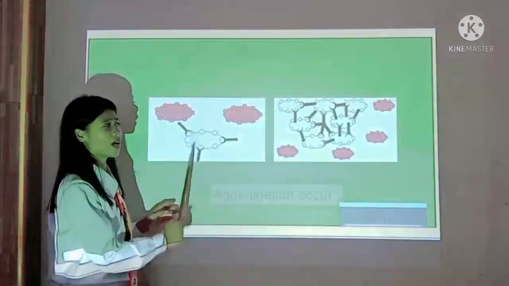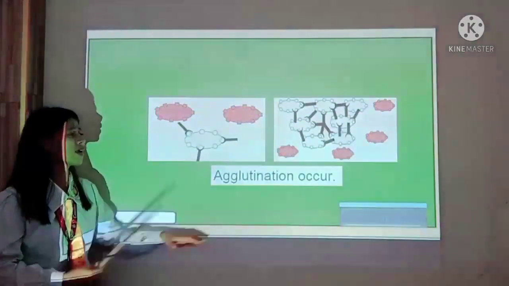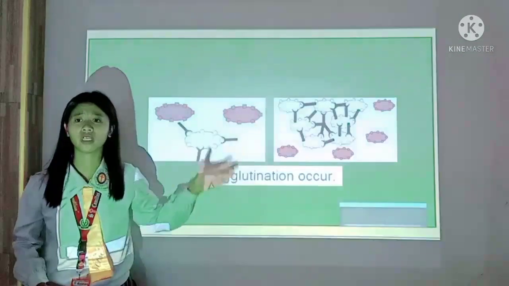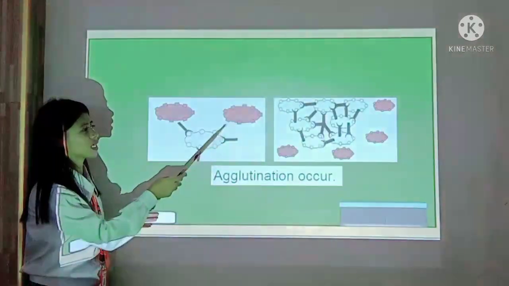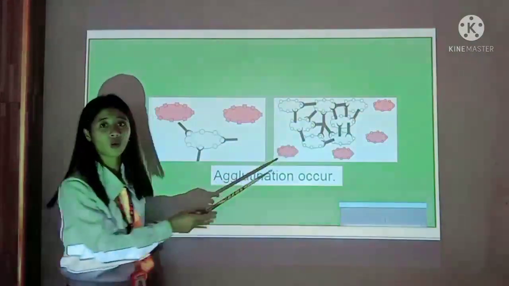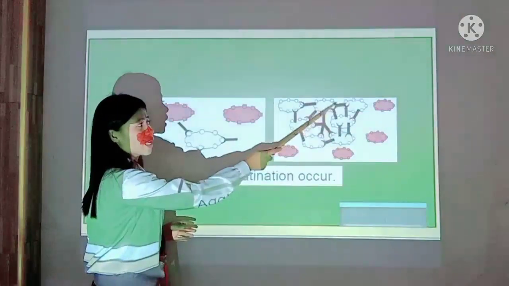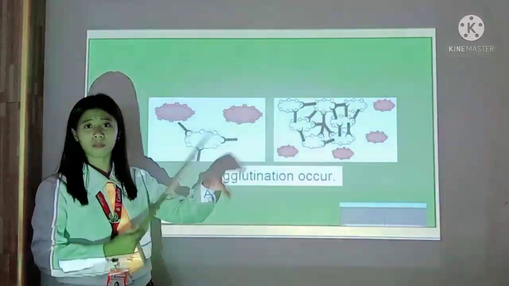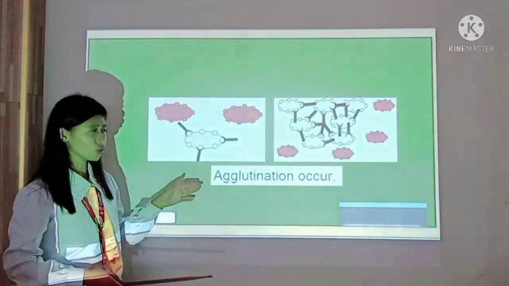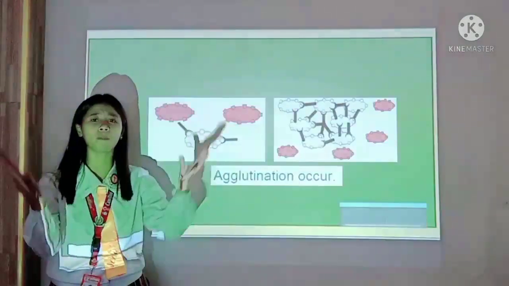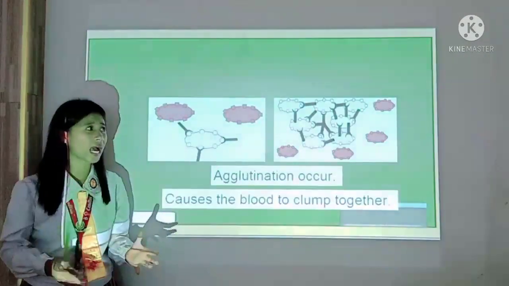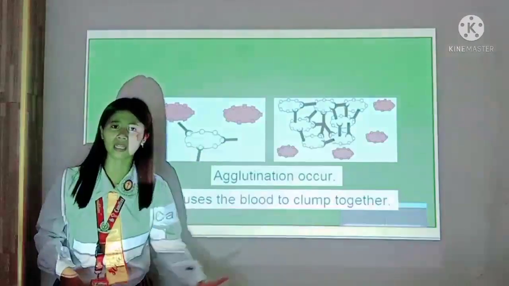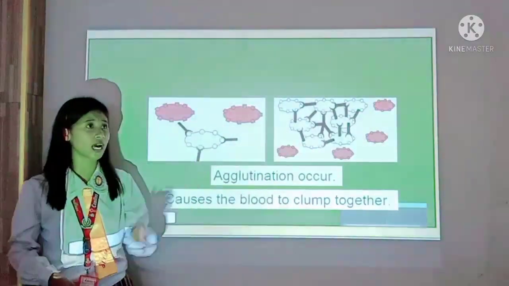Yes. So here, as you can see in the picture, there is an agglutination occur. Kasi nga po, kung mapapansin nyo, nagkadikit-dikit. Meron ng clumping. Those foreign blood type, yung foreign cells is hindi siya compatible, hindi siya tugma. They correspond each other with their antigen and antibody.